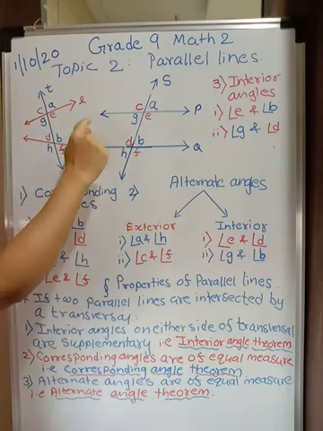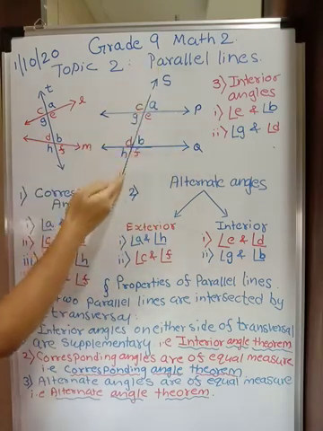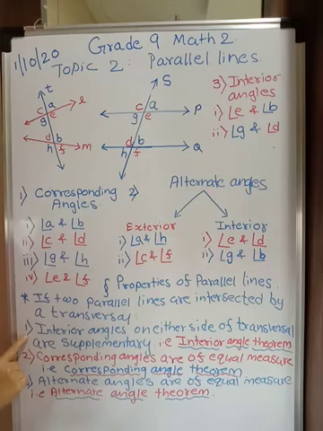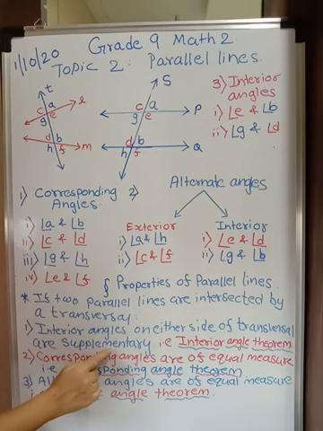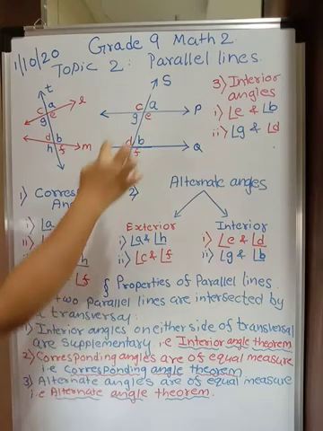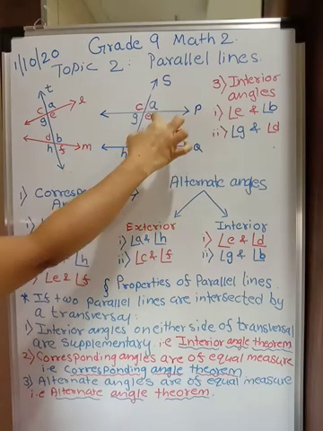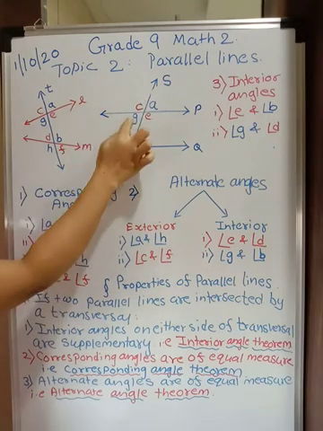Now the condition is, if these two lines are parallel and they are cut by a transversal. If two parallel lines are intersected by a transversal, first, interior angles on either side of the transversal are supplementary. That means what? These two form one pair of interior angles. Now, when is one pair going to be supplementary?